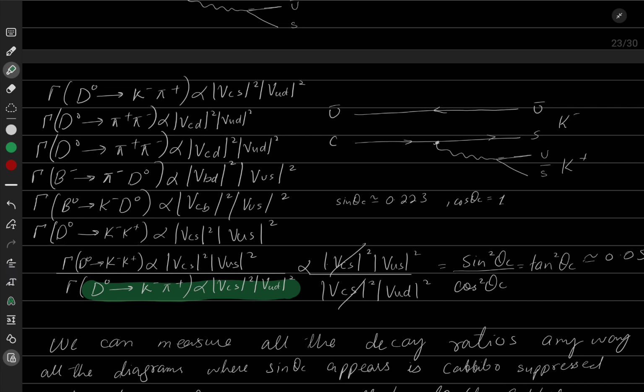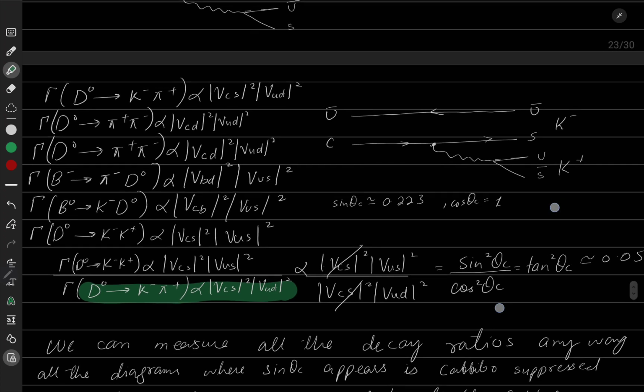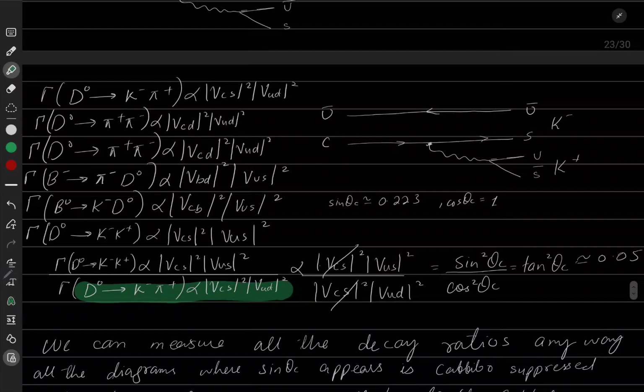And in the denominator we have VUD, which is the coupling between the up and the down quark within the first generation, and the coupling within the same generation is proportional to cosine of theta C. So in that way we can say that this ratio is proportional to tangent squared of theta C, and if we put in the value of the Cabibbo angle, we can estimate the ratio to be 0.05.